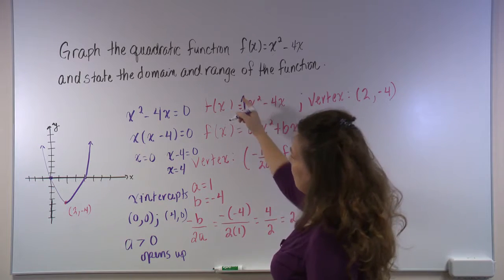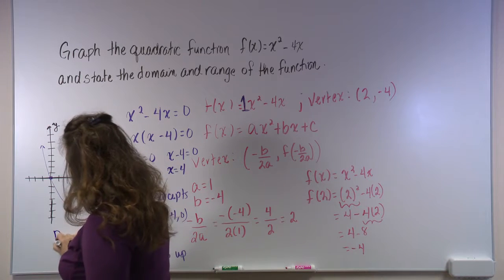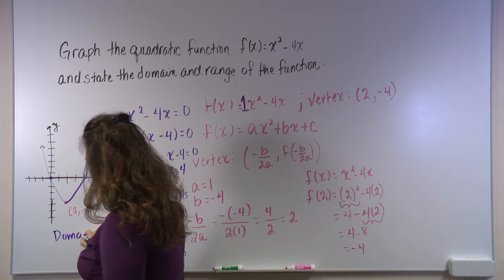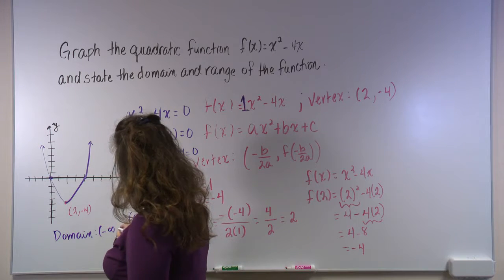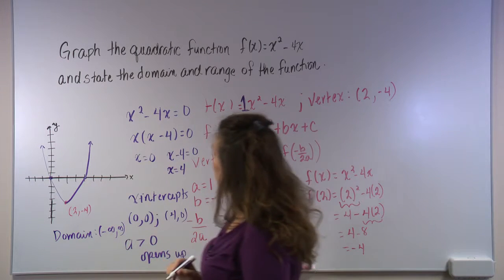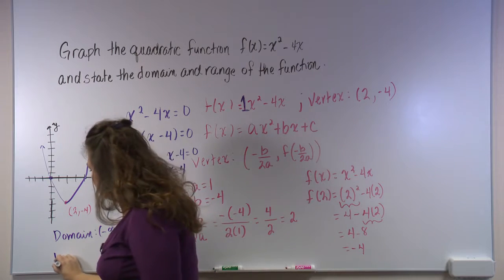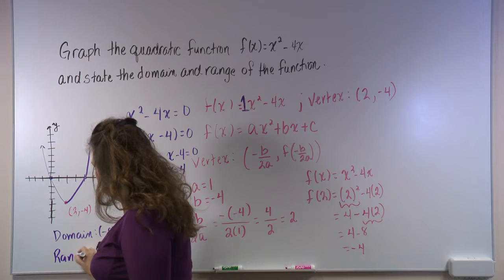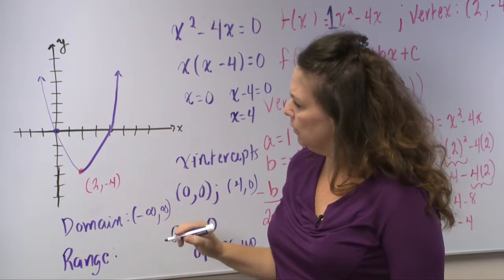We're also asked to state the domain and range. So the domain of a quadratic function is all real numbers. We can plug in anything we want to, as far as real numbers go, into our function. And for the range, I'm going to look at the graph that we just drew. So the graph, I'm going to read that from bottom to top.